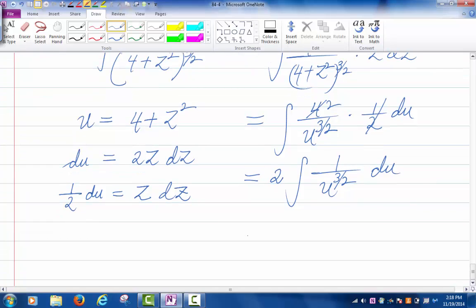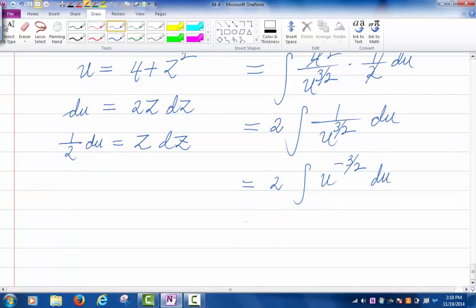Once I have this, then this is just a simple power rule. This is u to the negative 3/2 du, and the exponent is not negative 1, so I can apply the power rule. So this would be what? 1 over negative 3/2 plus 1 times u to the negative 3/2 plus 1.